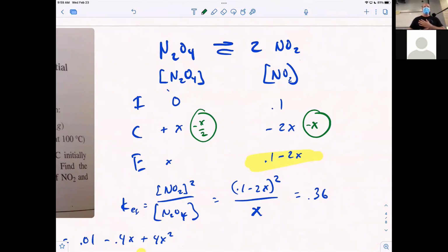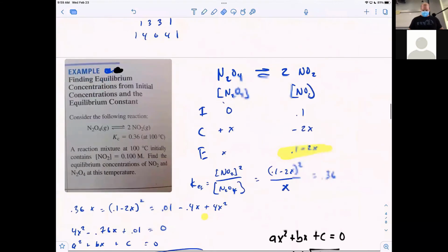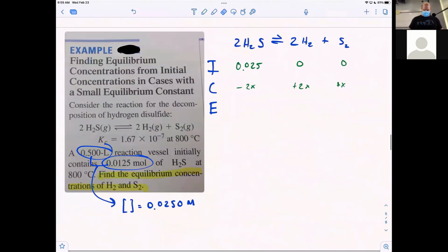I like multiplying better than dividing. That's me personally. If you want, you could call the extent of reaction x for the products, and then call the extent of reaction for the reactant side x over 2. That works fine, but I prefer multiplication over division, and it's however you, the user, want to do it.